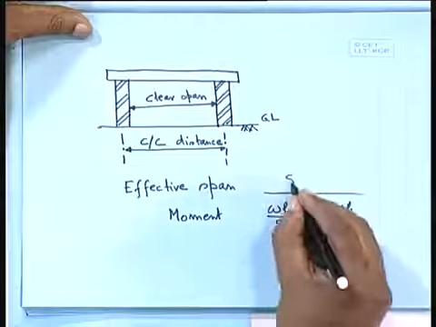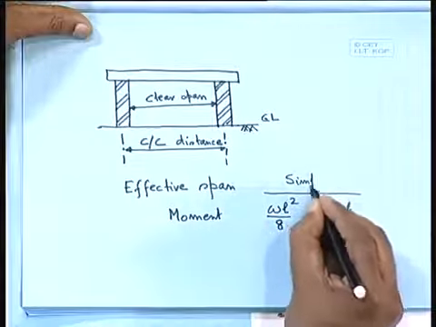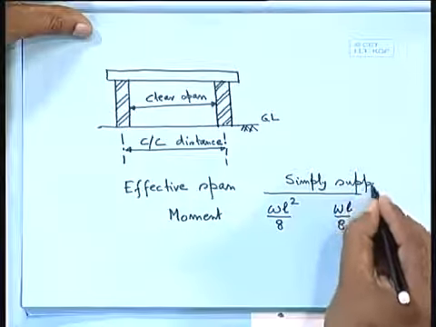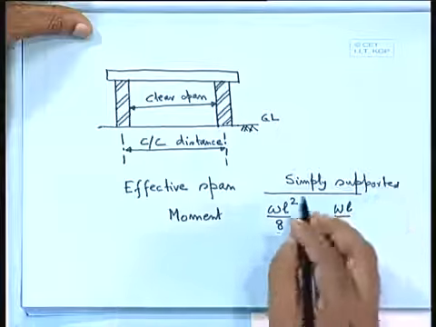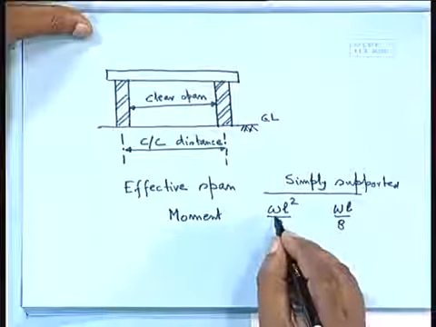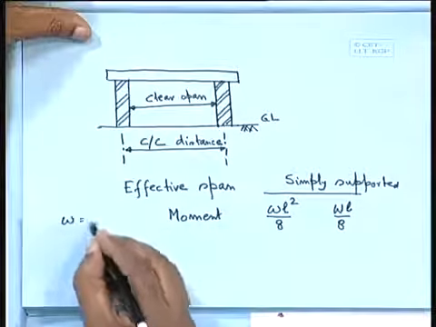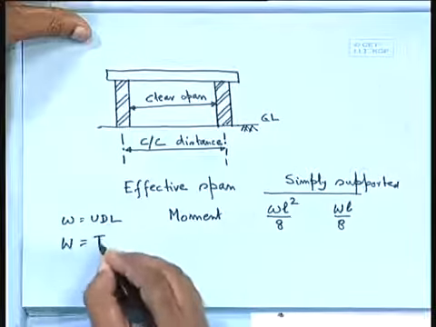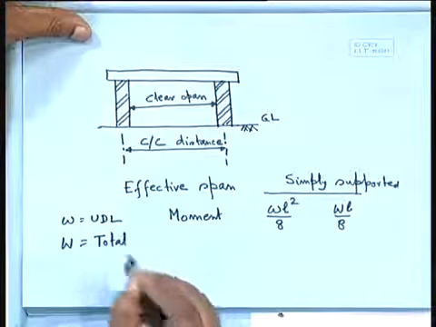Let us be specific, simply supported. We can specify one of the ways, whether we are specifying W as UDL or W as the total load, whatever way we specify.